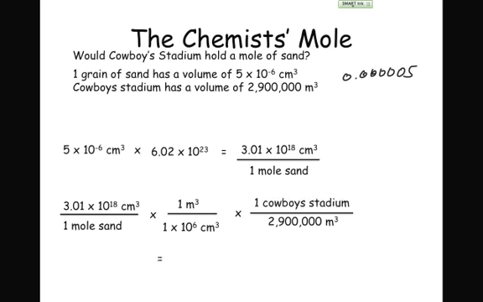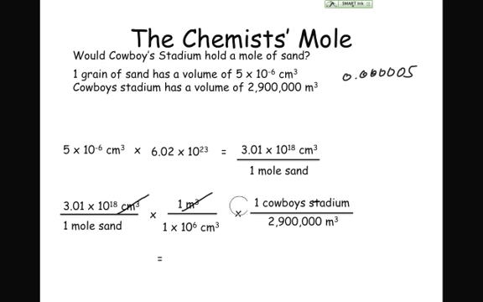And 1 Cowboy Stadium has a volume of 2,900,000 meters cubed. So you can see our units here that work out. Unit-wise, we'll get centimeters cubed canceling centimeters cubed. We'll get meters cubed canceling meters cubed. We'll have Cowboy Stadium on top, and we'll have per mole of sand on bottom. So how many Cowboy Stadiums per mole of sand is what this is going to tell us.